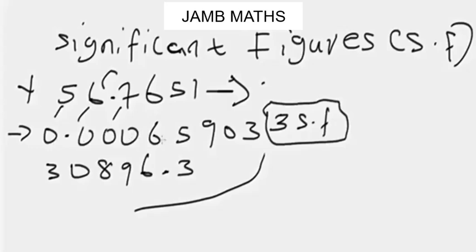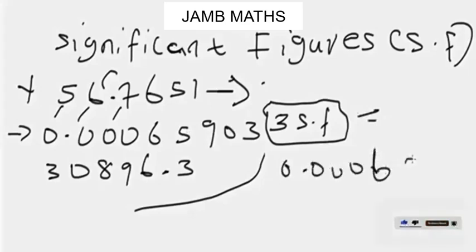So we are going to start from 6. 6 is the first one, 5 is the second one, 9 is the third one. The 0 after it is up to 5, so leaving this number to 3 significant figures gives us 0.00659. So nothing will change. That will be the value to 3 significant figures.